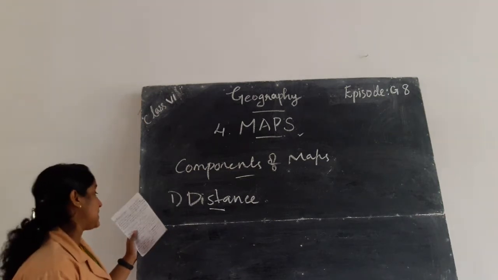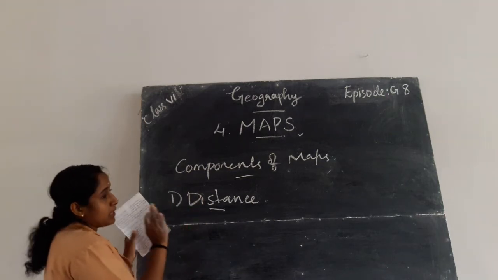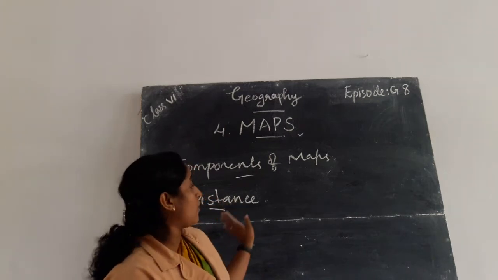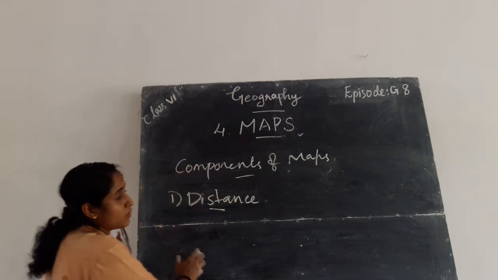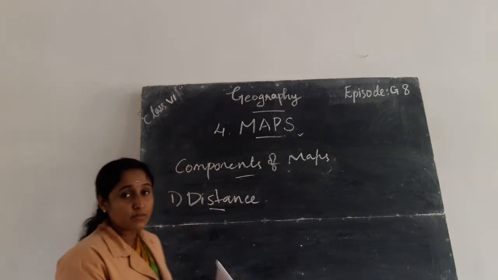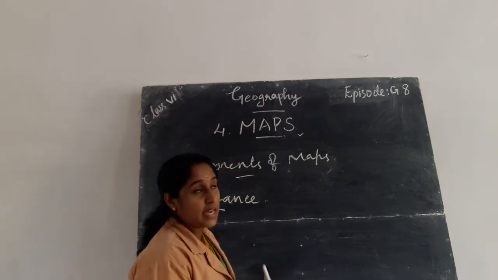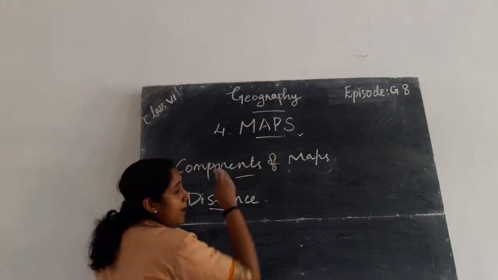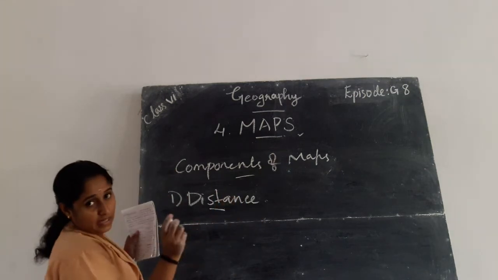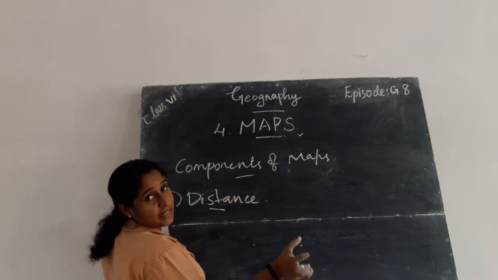It is not possible to show the actual distance between cities, countries or states on a map. We show it with a little space.